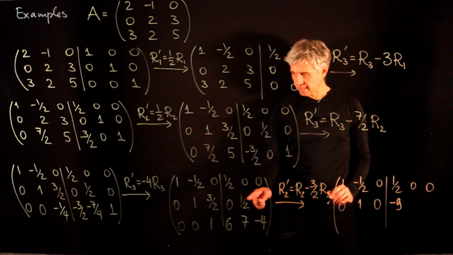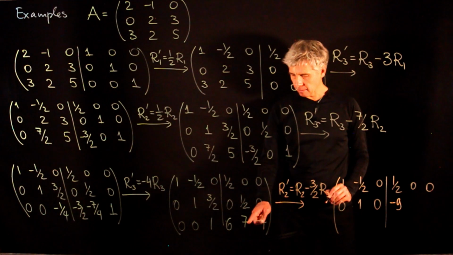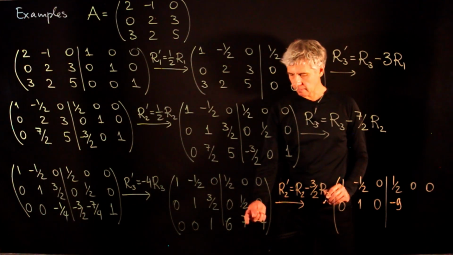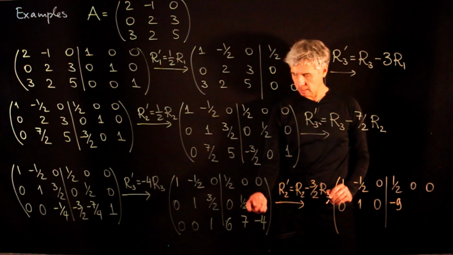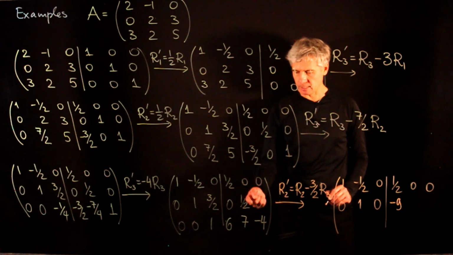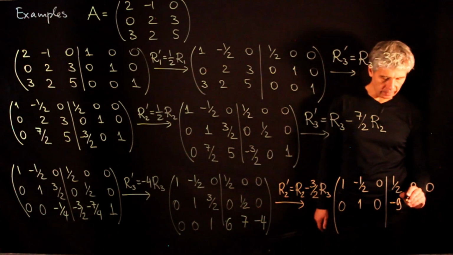So then 1/2 minus 3/2 times 7. So this is 7 times 3/2 is 21/2. So 1/2 minus 21/2. So this is negative 20/2, which is negative 10.